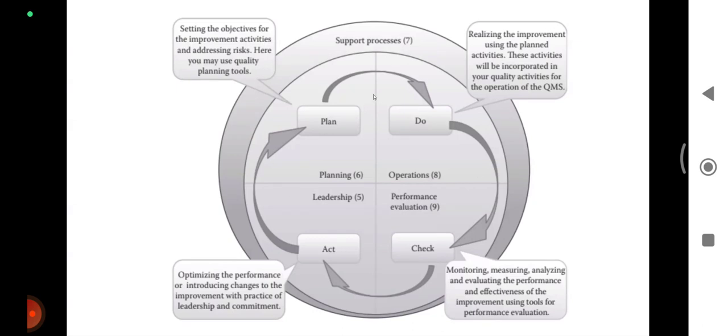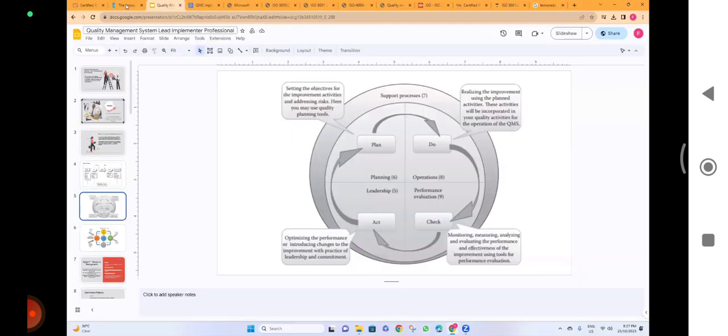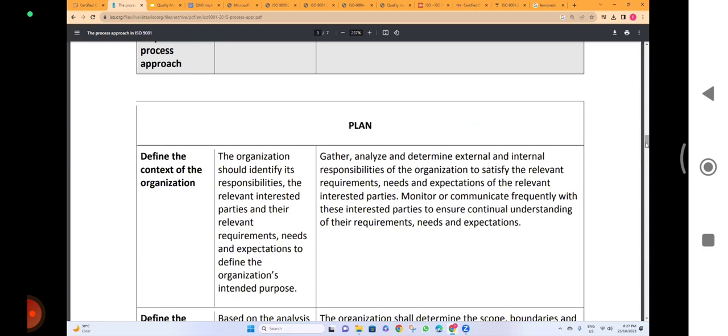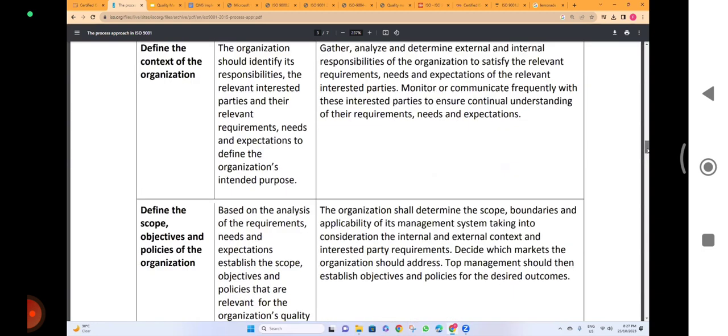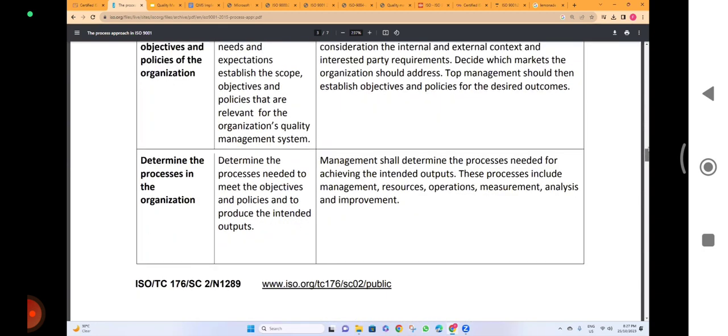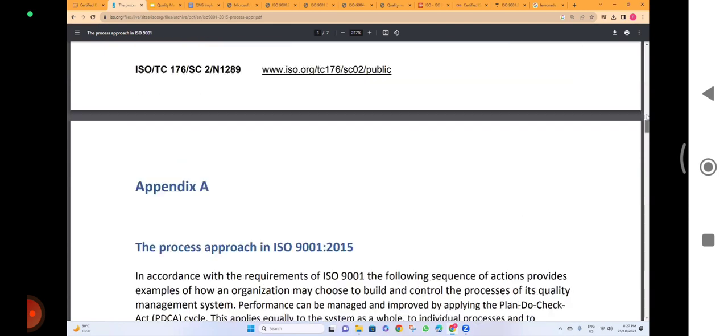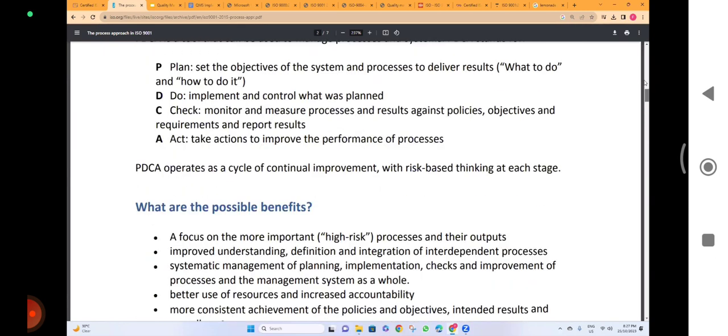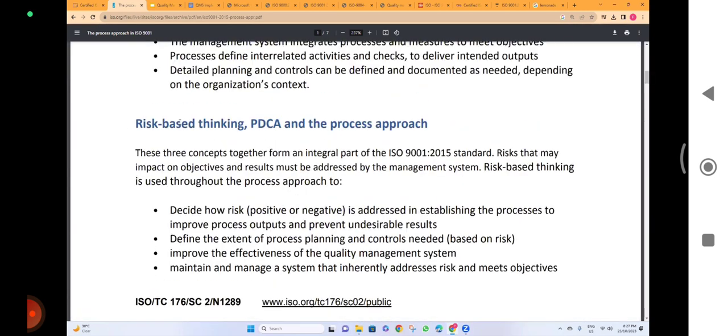So right now I'm just going through this content because this is an overview, and the reason why I'm explaining this concept to you is because I am leading up to the 12 steps of developing or formalizing quality management activities. These 12 steps right here, as you're going to see, are basically based on risk-based thinking, PDCA, and the process approach.